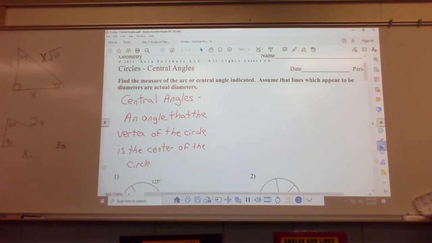So central angle, central, center, same thing. Central, center, same type of idea.